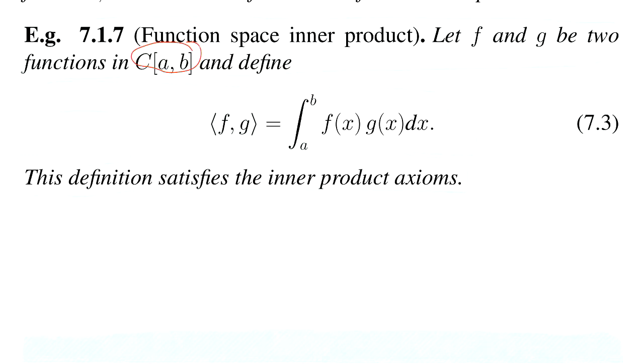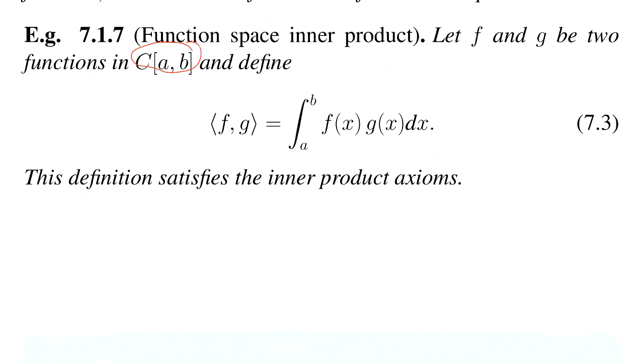And so what are you doing here when you do this integral? You're just adding up the products of all the entries, right? Because an integral is just like a sum. And so this is really just a natural generalization of the dot product, and these are sort of two examples of the same thing. And if you go on and do stuff in maths that involves analysis at any level, you'll play with this a lot.